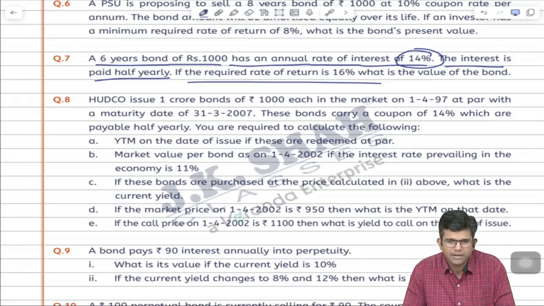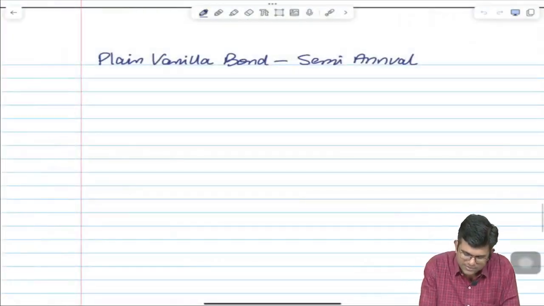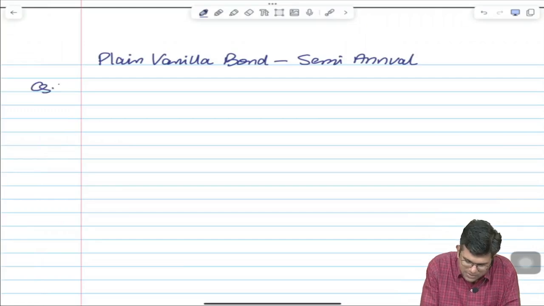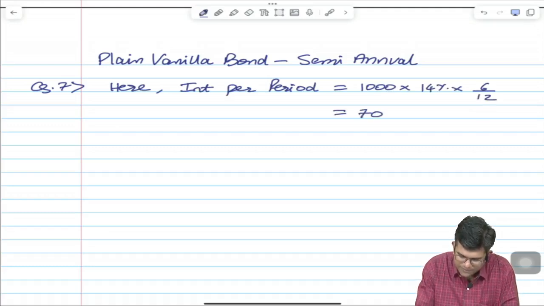Now I hope you are understanding. So you cannot discount at 16% for 6 months. It is 8% for 6 months. Everyone clear? So here now what we will do, I'll write like this. Question number 7. Here interest per period is equal to 1000 into 14% into 6 by 12, which is equal to rupees 70.